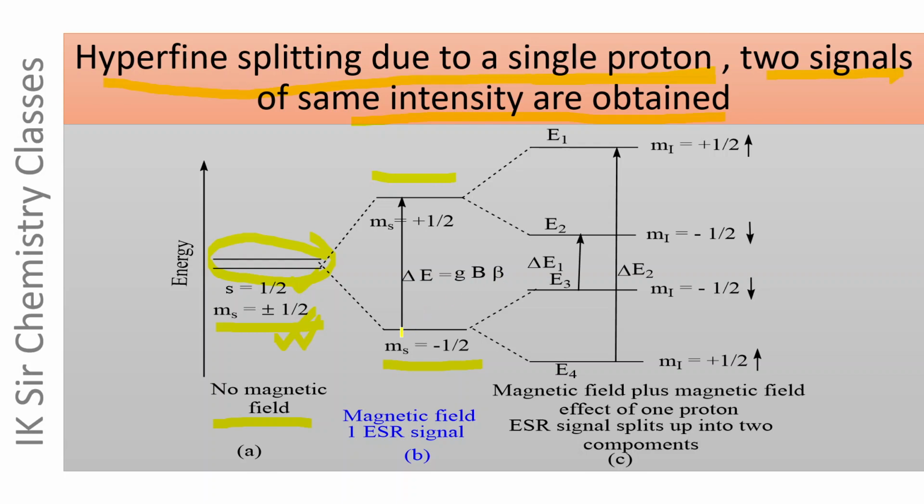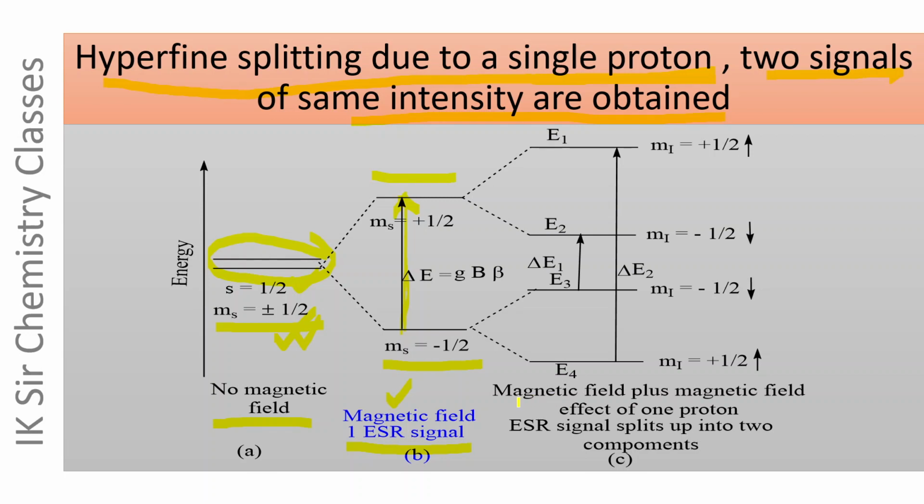And this transition between the spin states of electron takes place by absorbing suitable frequency from the electromagnetic spectrum, producing one ESR signal. Only one ESR signal is obtained for a free electron in magnetic field due to this transition.